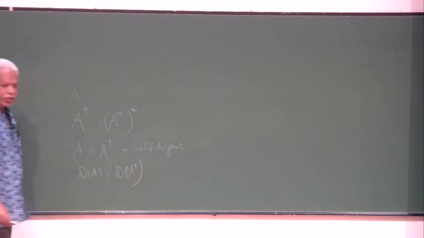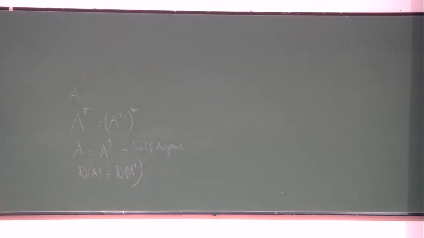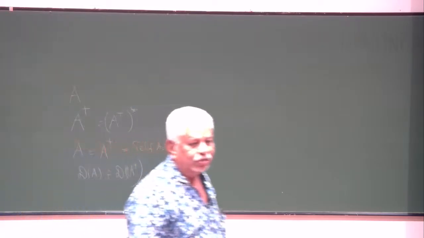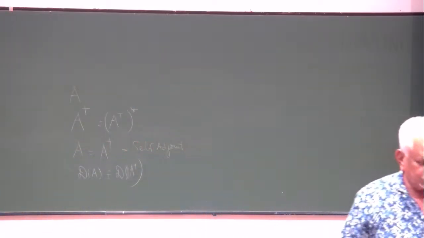These two conditions should be satisfied in order for the operator to be self-adjoint. If you do not have that, that problem will be there. That is one of the reasons which affects all our problems.